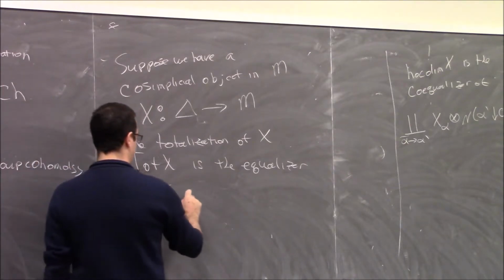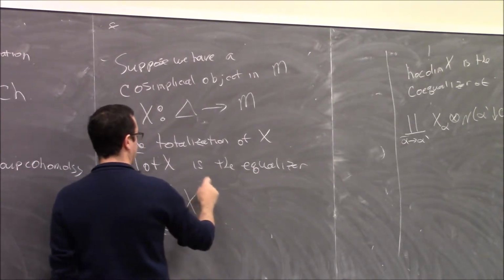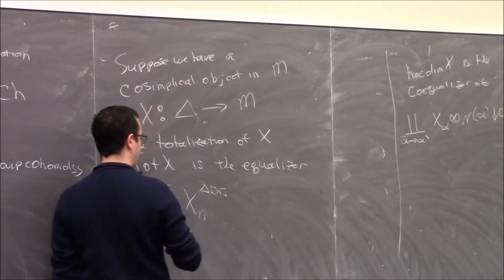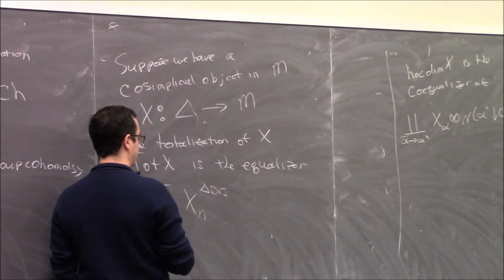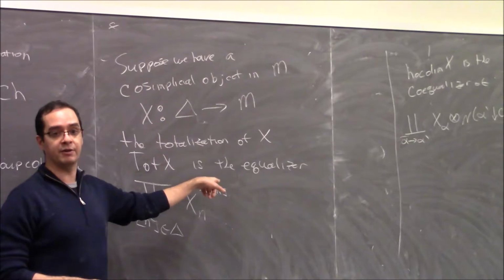So we can take X_n, and instead of just taking the nerve, we're just taking the standard n-simplex.